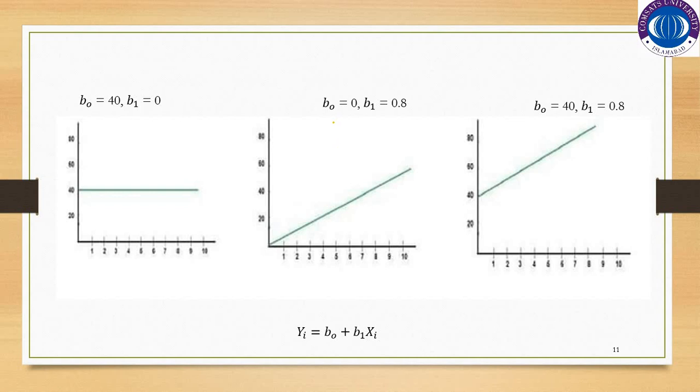Here we have beta naught equal to 0, so the starting point would be 0, and beta 1 is equal to 0.8, so this is the level of inclination. And here we have beta naught equal to 40, so this one is the starting point, and beta 1 is equal to 0.8, so this is the inclination. These are some previous concepts which you are all already familiar with. Here we have included them just for the sake of revision.